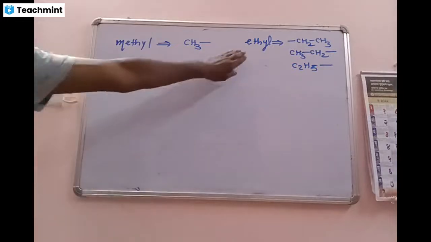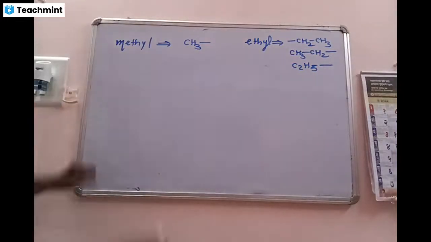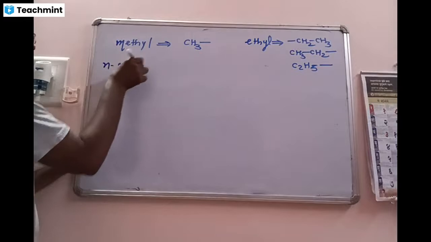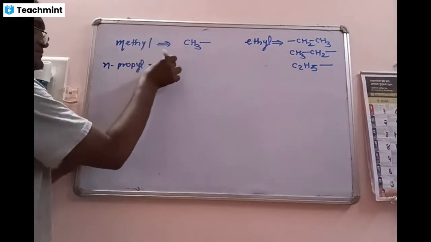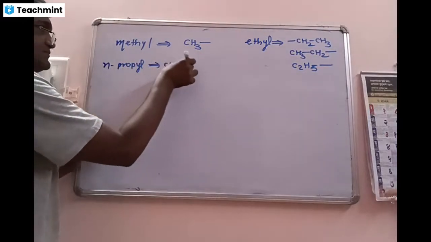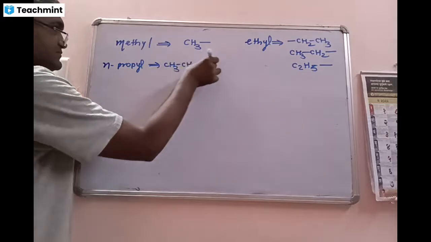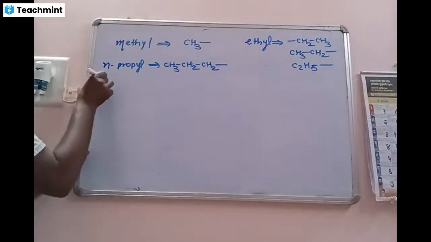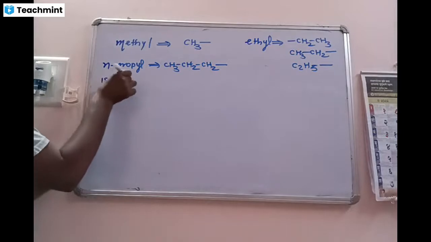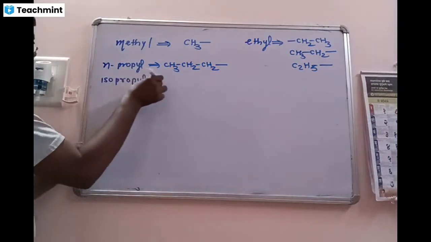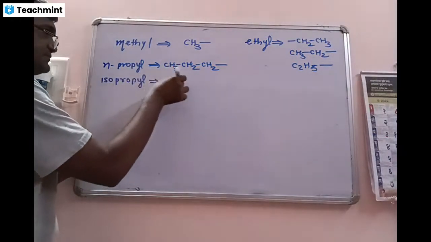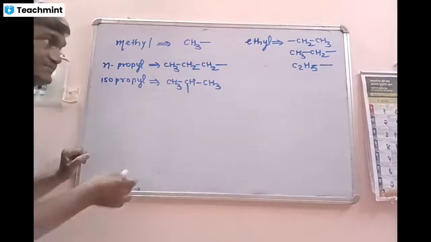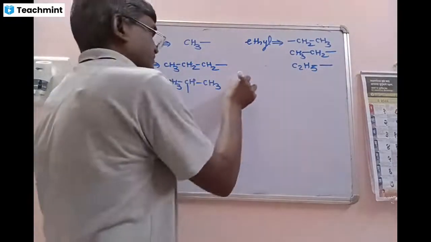All these are the same, that is ethyl. Then we have n-propyl. This one. Then we have isopropyl. Like this.